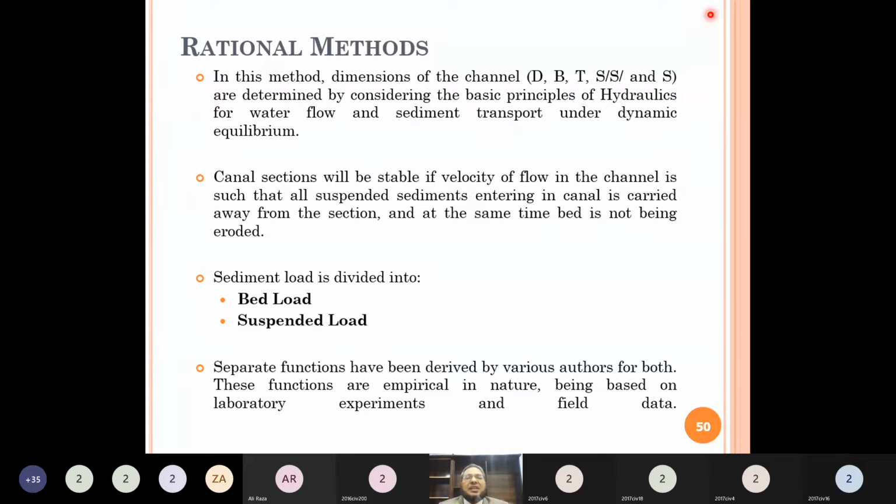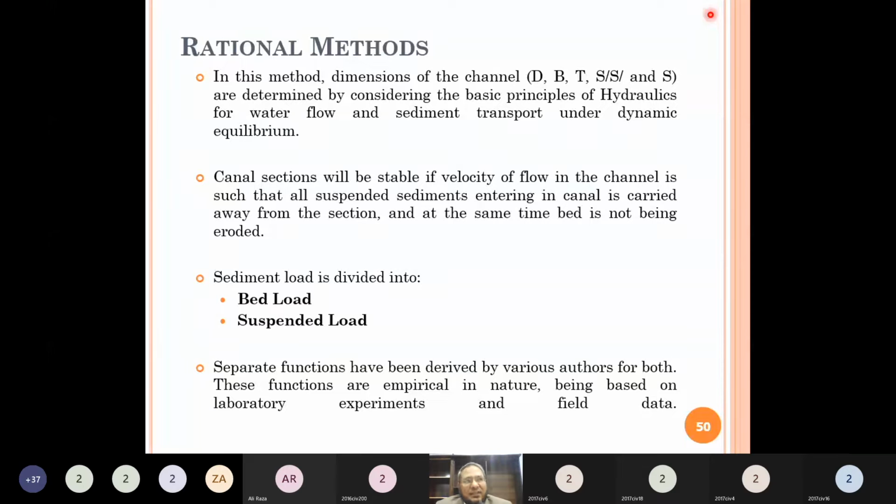The deposition of sediments. If the sediments are deposited, again, what will happen? It will reduce the cross-sectional area of the channel, and then finally will reduce the discharging capacity of the channel.